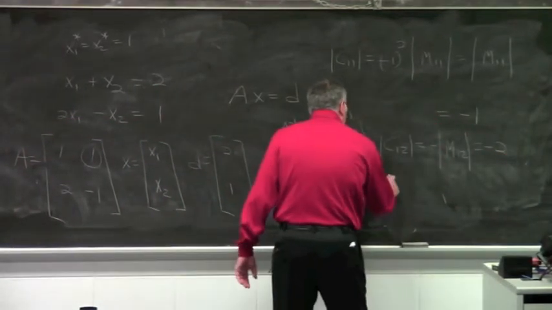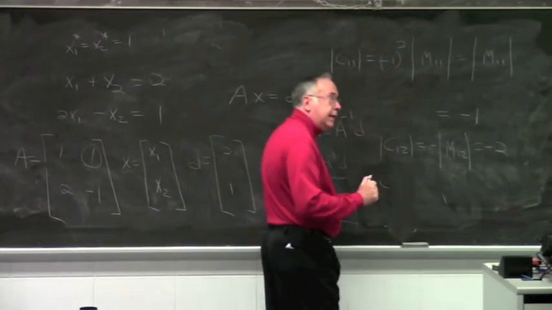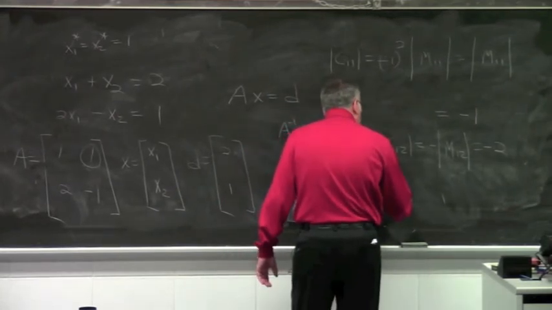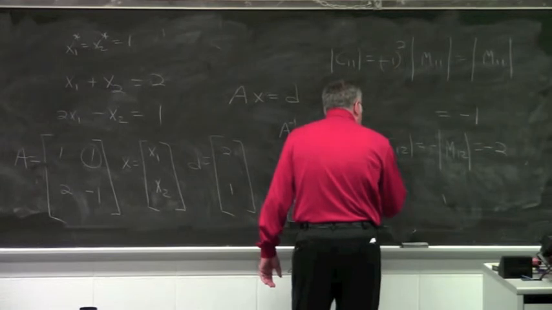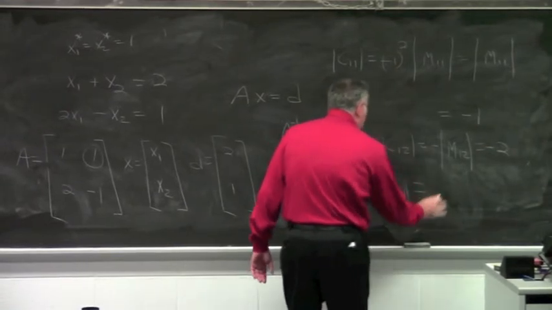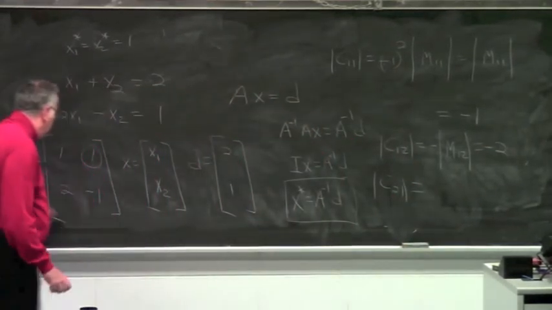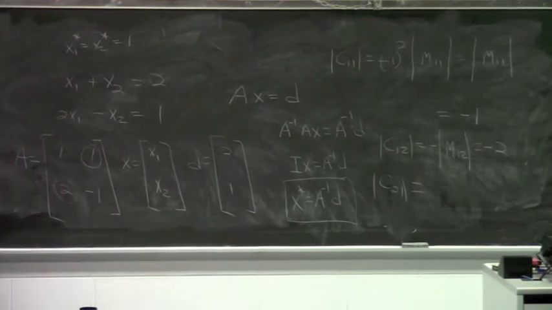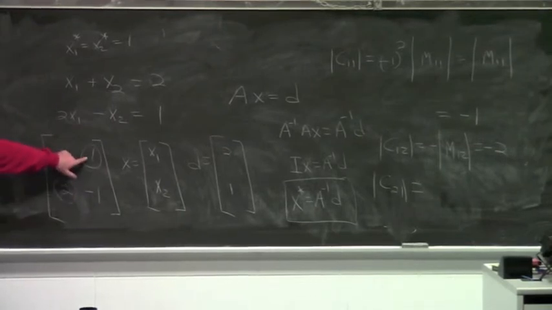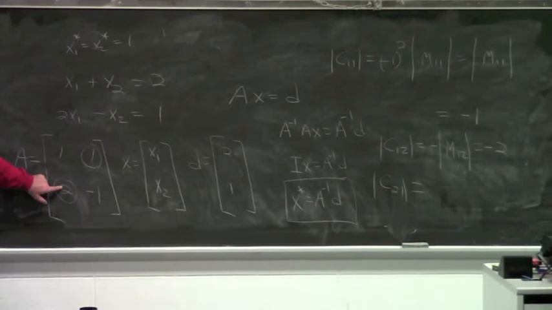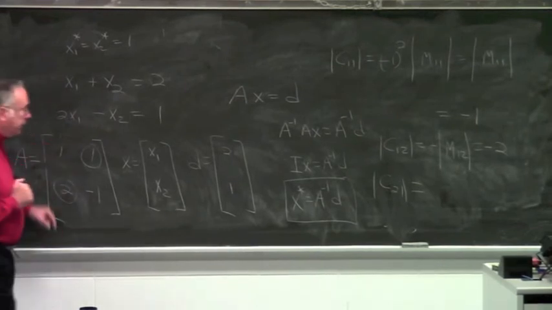Okay. How about, I'm running out of time, so let me just quickly tell you what the others are. What is C21? What is the cofactor of this element going to be? Delete the second row and the first column. What's left? A 1, but you're going to have to multiply that by minus 1, so it's a minus 1.